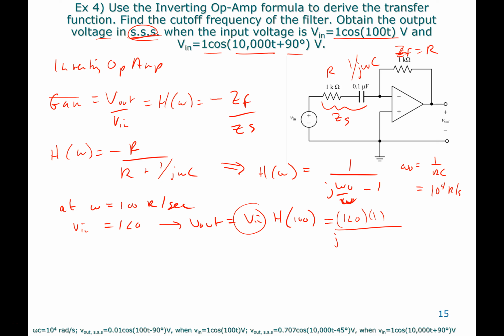And so you plug in omega 0 over omega, so that's 10 to the 4 over 10 to the 2, which is omega, minus 1. The ratio there is parenthesized, but not the whole thing. And so that equals 1 over j 100 minus 1, which is approximately minus j over 100.